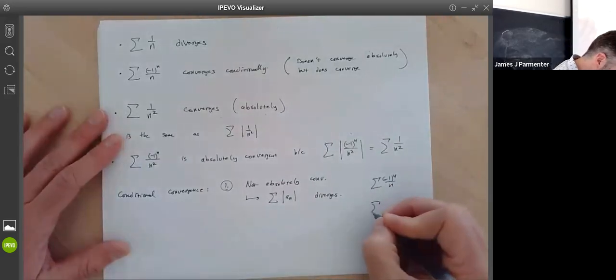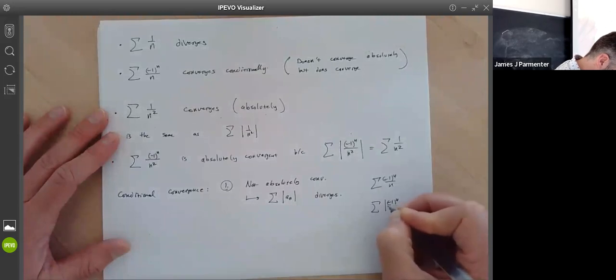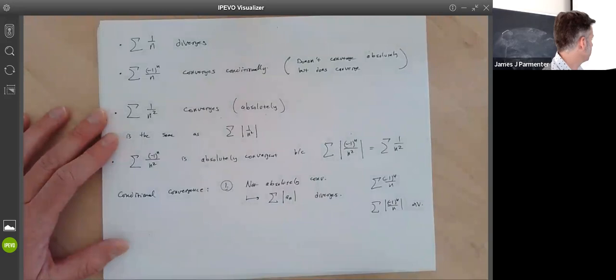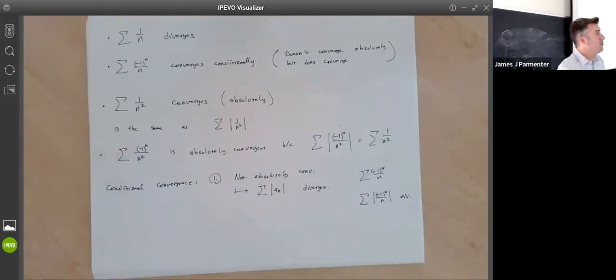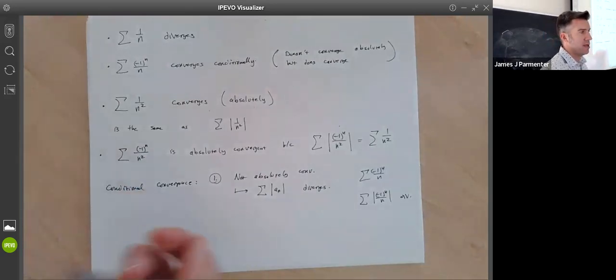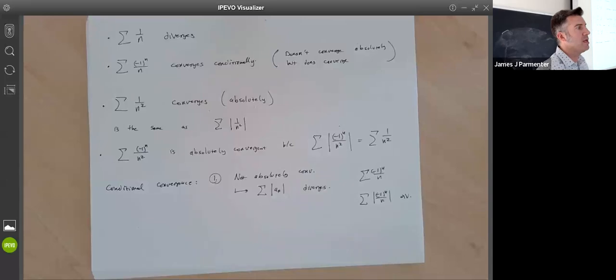Its absolute value terms, definitely the series for that diverges. 100%. So then after you've tested for absolute convergence, you're like, well, maybe it converges conditionally. Now you only check this if it's alternating, because really, alternating series are the only types of series we have that are conditionally convergent.